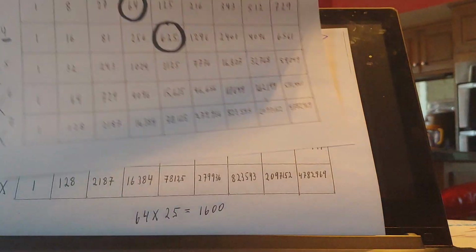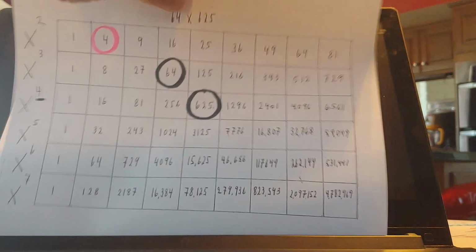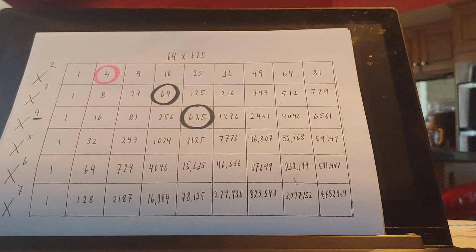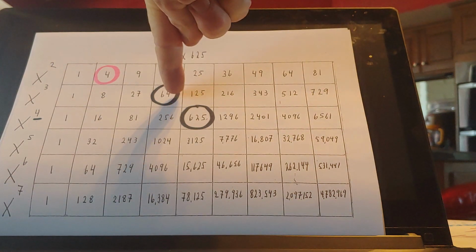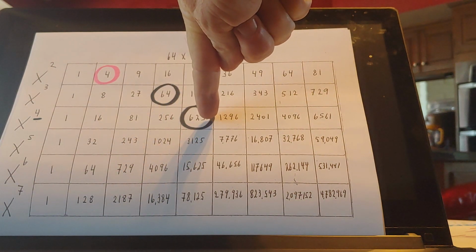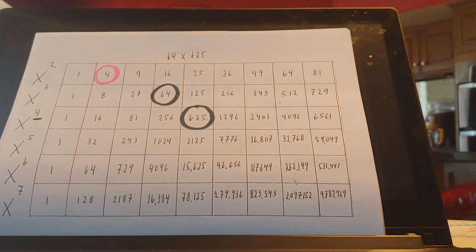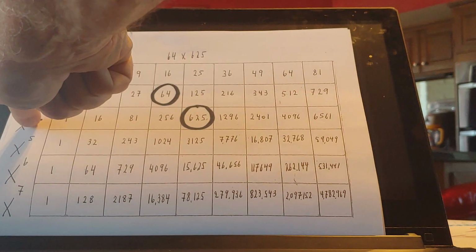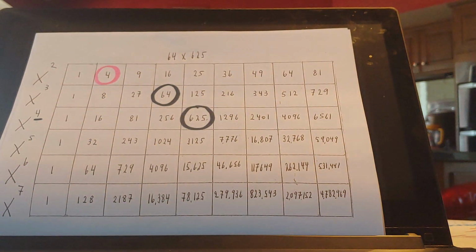And we'll see it again. We're doing the same kind of thing here. Here we're going in this direction, 64 times 625. Well, that's going to be, I'm going to have to assume it's 4 with 4 zeros, 40,000. Because here we get the zeros and here we get the exponent.